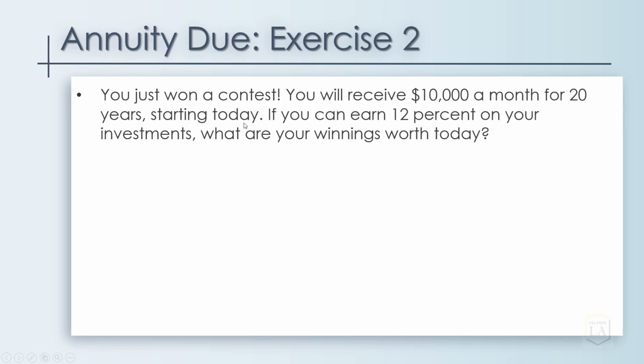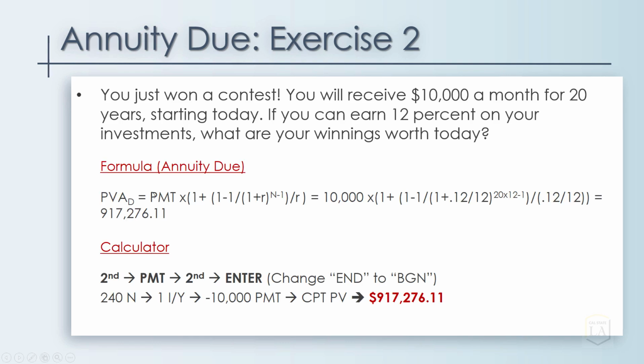So with an annuity due problem, if you use the formula from earlier slides, it will allow you to compute the present value of this annuity. And also note that since it's a monthly payment and monthly compounding, you will need to use a monthly interest rate rather than an annual interest rate. And the time period is not 20 years, but 20 times 12, which is 240 months.